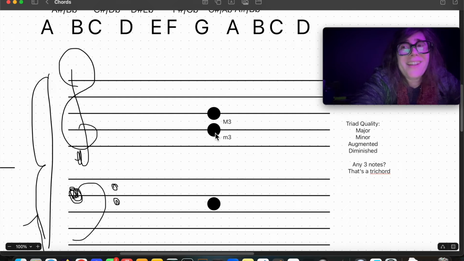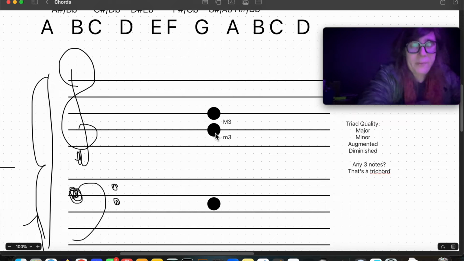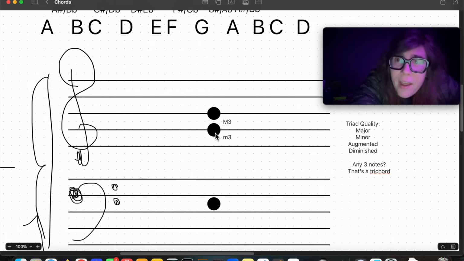So there's an idea starting to creep into our theory that's forming here. Something about octave equivalency. The idea that when I drop that E down, it's still functioning as the root of the chord. And even though there's a tenth, it's a minor third plus an octave, it's still functionally, in terms of the chord's quality, a minor third.